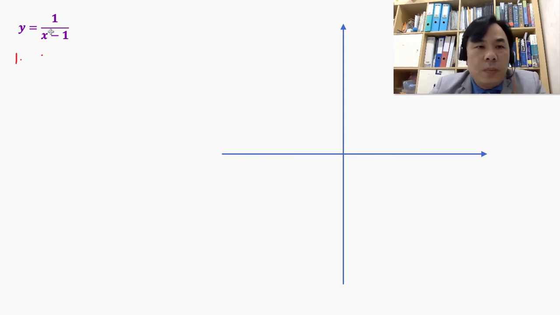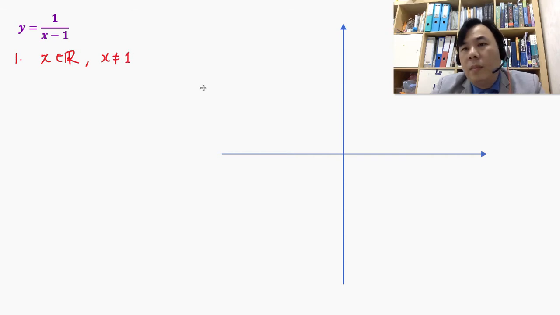So for this, we are going to make a general assumption here. We assume that x are all real numbers, and then of course except x equal to 1, right? It can take all the real numbers except 1 there.